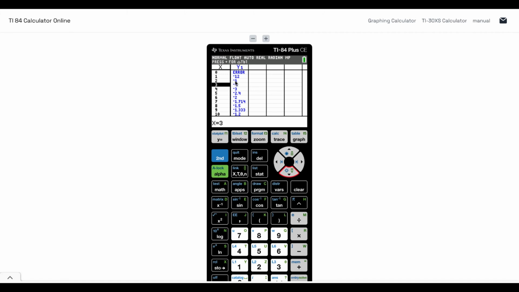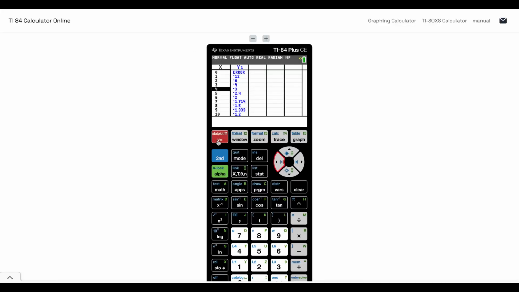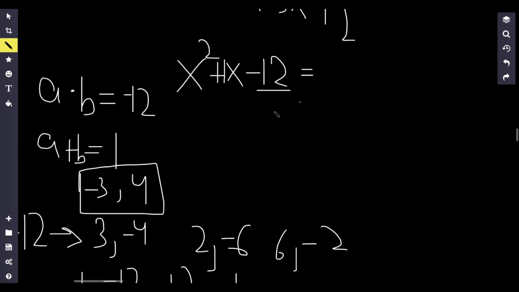So you notice 2 and negative 6, 3 and negative 4, 4 and negative 3. From this, you can see 4 and negative 3 add up to 1, so they have to be the factors. So the TI-84 is very useful. You just take your constant term, divide it by x, and it gives you your factors.